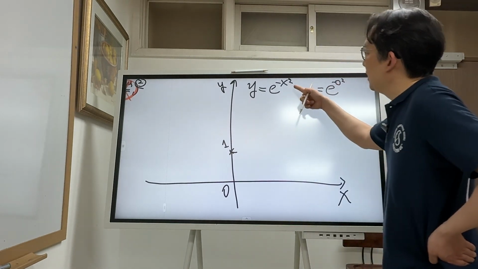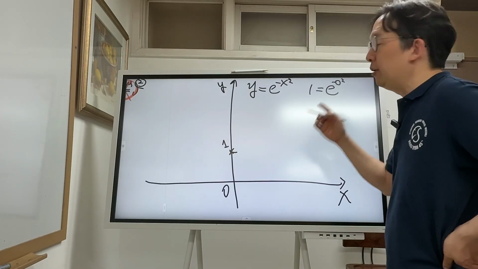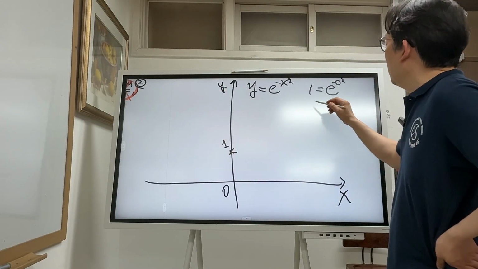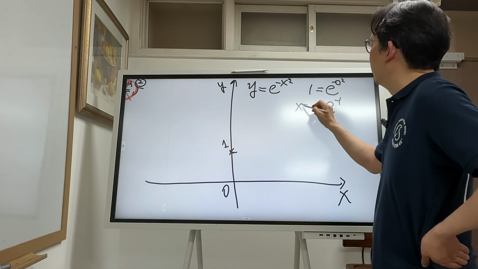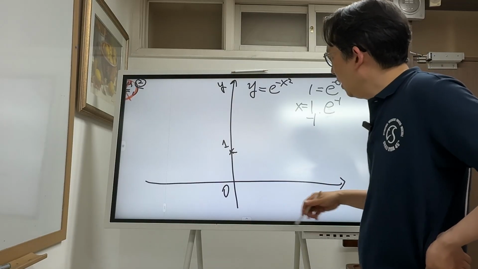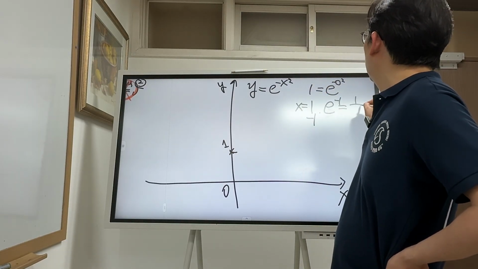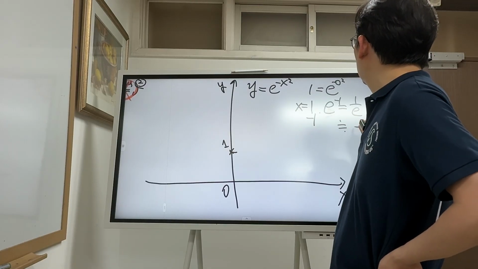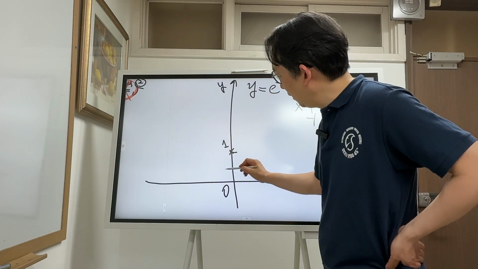And if x is equal to either plus 1 or minus 1, it's going to be e to the power of minus 1, which is 1 over e, close to 1/3 or something. So roughly speaking, it's going to pass through the 1/3 point over here.